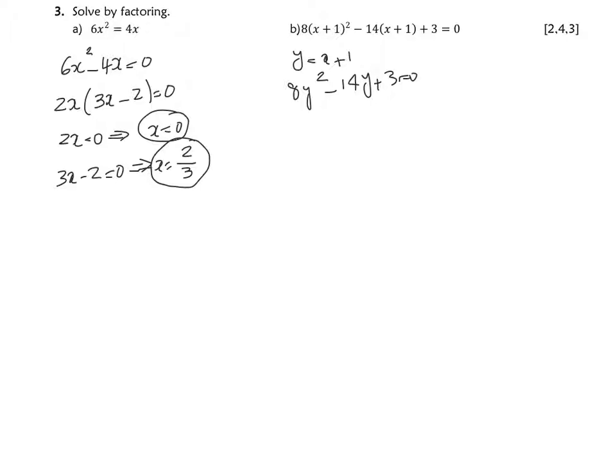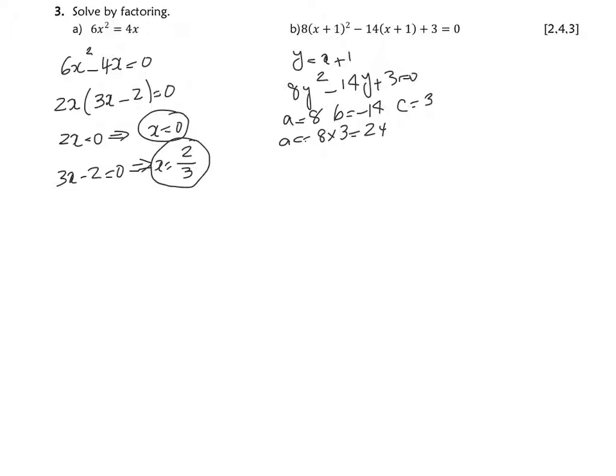Now looking at this equation, you can see that the leading coefficient is not 1 and there is no common factor here. So I have to use decomposition to factor this one. I'm going to say a is 8, b is negative 14, c is 3. So ac is 8 times 3, which is 24, and b is negative 14.